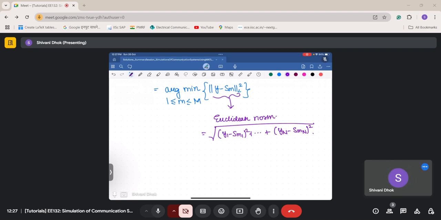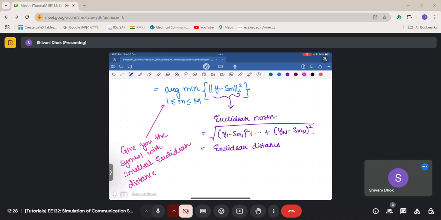Yeah, so this is basically your Euclidean distance, which means that this will give you the symbol with the smallest Euclidean distance from y. Okay, I hope it is clear.